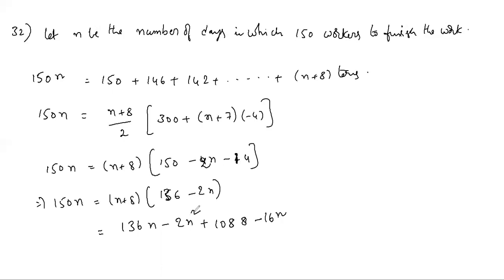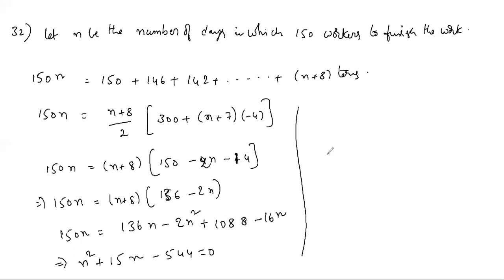Otherwise, you can cancel 2 on both sides. This is 115n. So take all terms to the left side and divide by 2. n square plus 150 plus 16, 166, minus 136, minus 30n. So minus 15 plus 15n minus 1088 by 2, minus 544 equals 0.